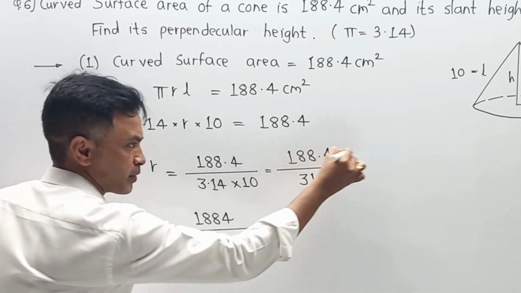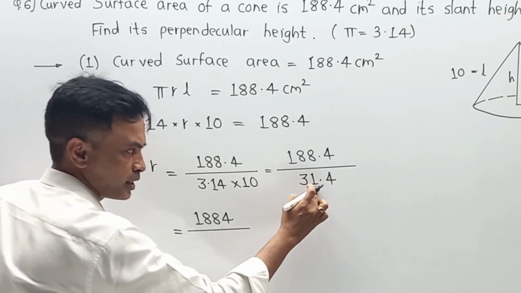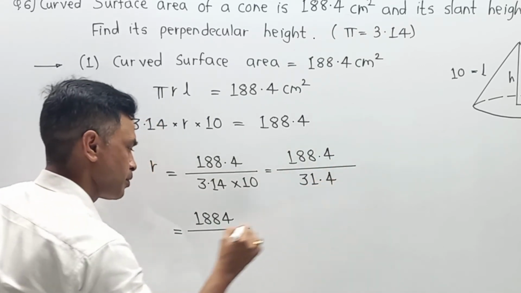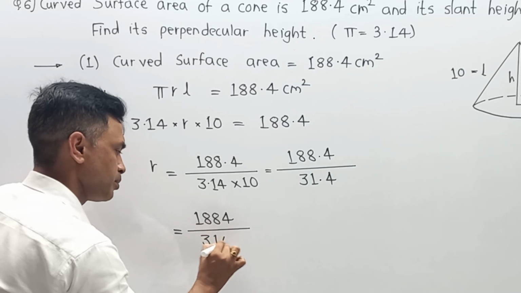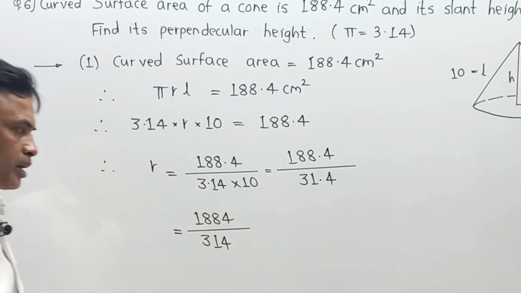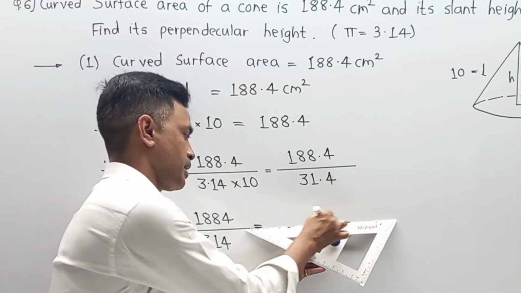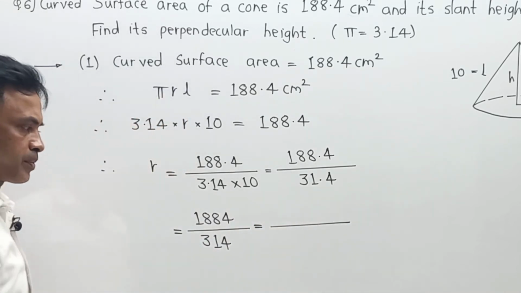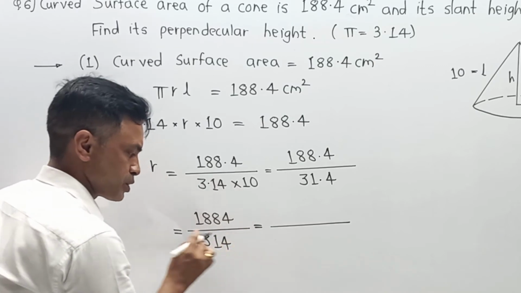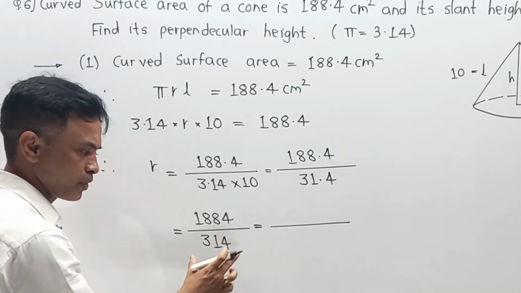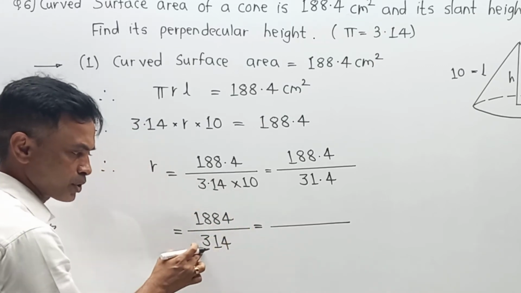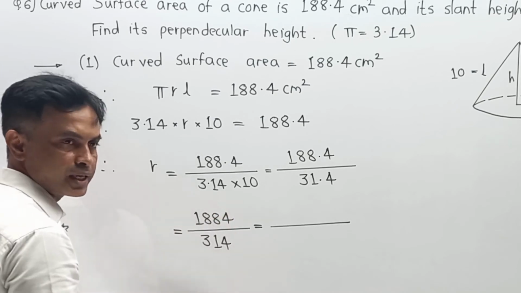1884, shifting one decimal from the numerator, and 31.4 shifting one decimal from the denominator. So it becomes 314. Now the next part. Again, mathematical calculation and practice are required over here. 1884 is a multiple of 314, because 3 sixes are 18 and 14 sixes are 84.